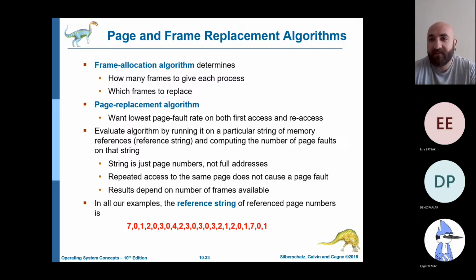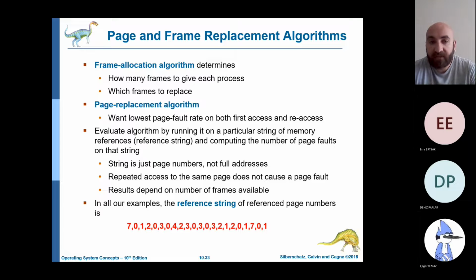For example, we can create a random number generator, and based on that, we can get a string like that. Or we can trace a given system and record the address of each memory reference, and based on that, we can create a string. To determine the number of page faults for a particular reference string and page replacement algorithm, we also need to know the number of page frames available.